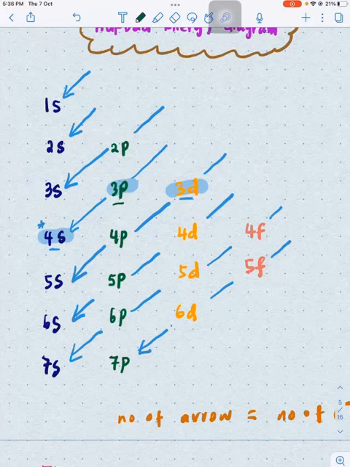Okay, and for information, semua yang kita ada dekat dalam Aufbau ni sudah cukup untuk semua 119 elemen in the periodic table yang kita ada. Kita memang cukup. Kita akan guna memang up to 7P to write down the electron configuration for all elements that we have in the periodic table.